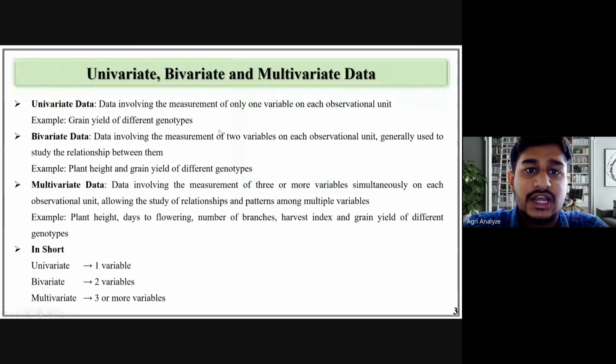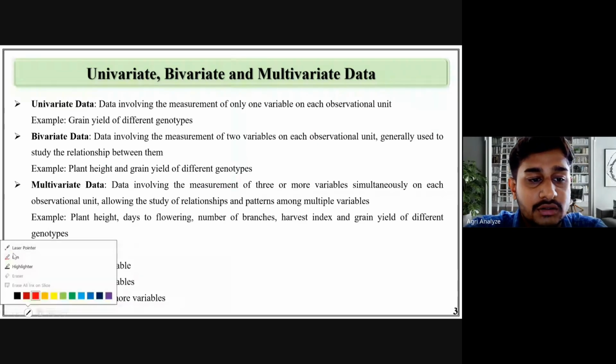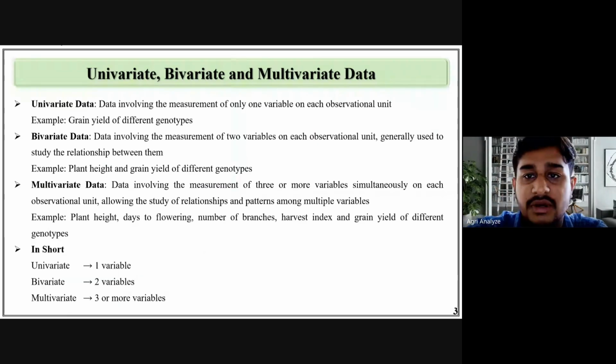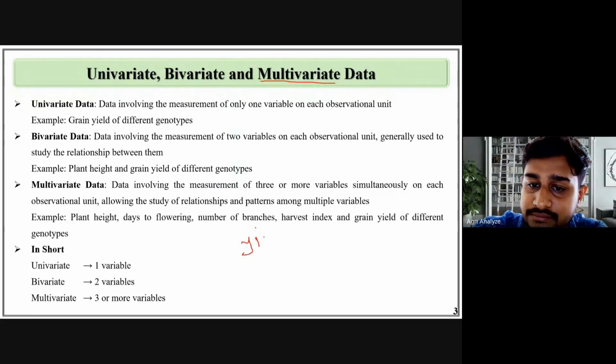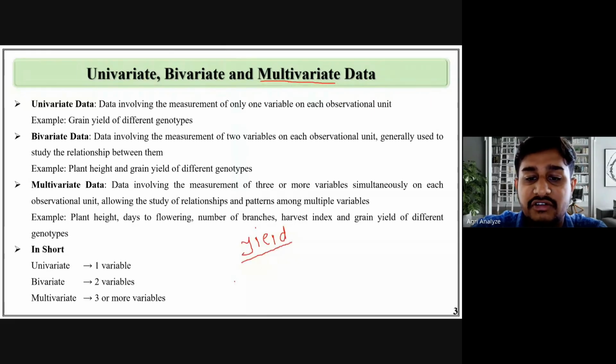Okay. So start with univariate, bivariate, and multivariate data, because PCA analysis is a multivariate data analysis technique. Univariate: if we study with only one variable, like yield, then based on this only one character we divide all the genotypes into three categories: higher yielder genotype, then moderate yielder, then lower yielder genotype.